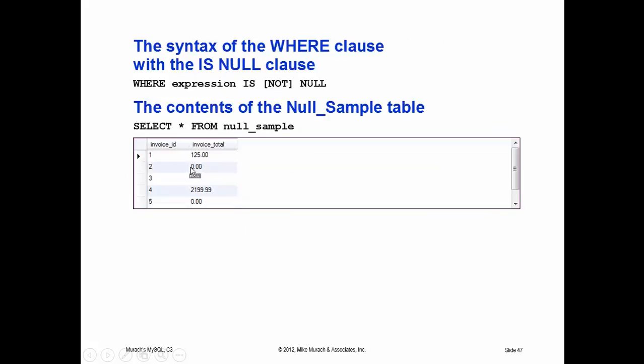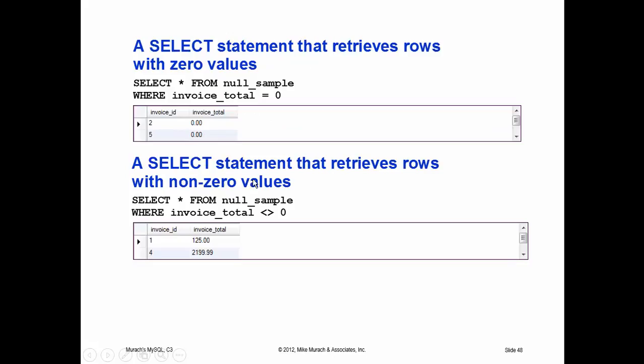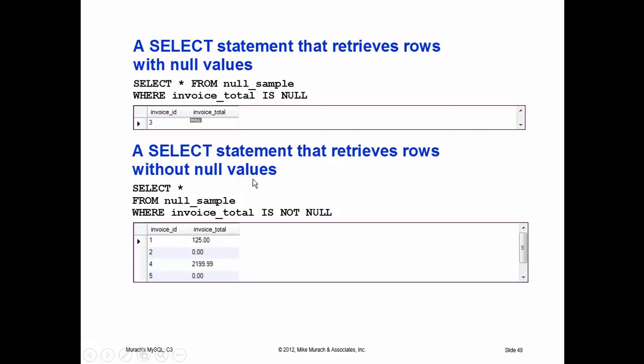All right, but if I say select star from null sample where invoice total is null, I'll only get record 3 here, or invoice ID 3, I should say. So again, there are plenty of ways that you can work with this stuff to find things you're looking for or to eliminate things that you're not looking for.